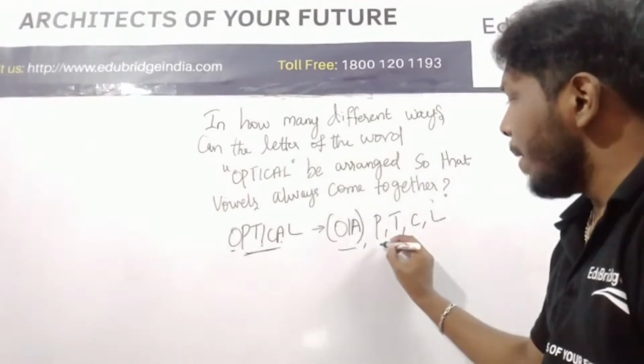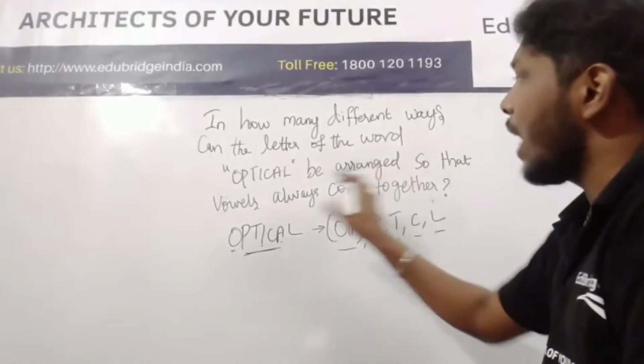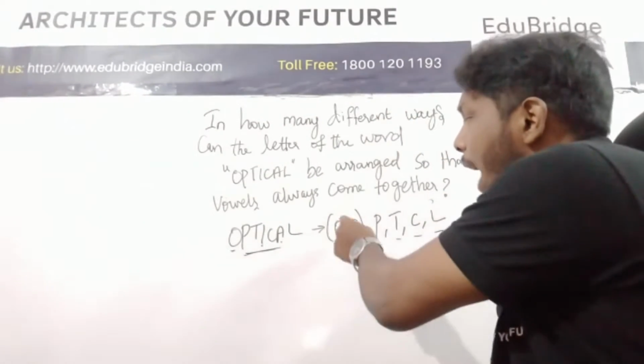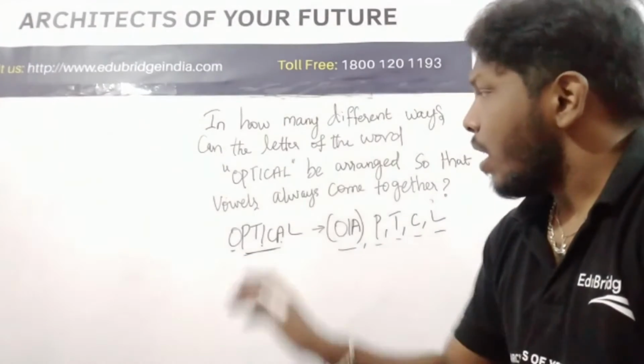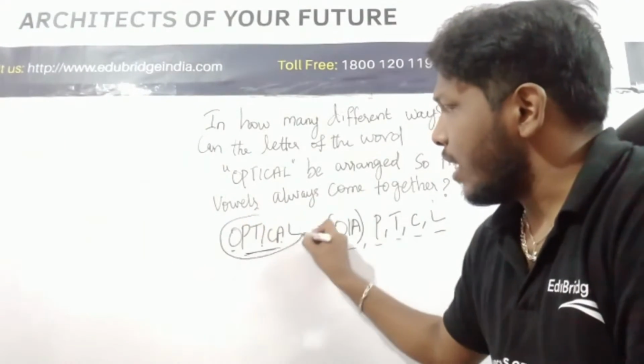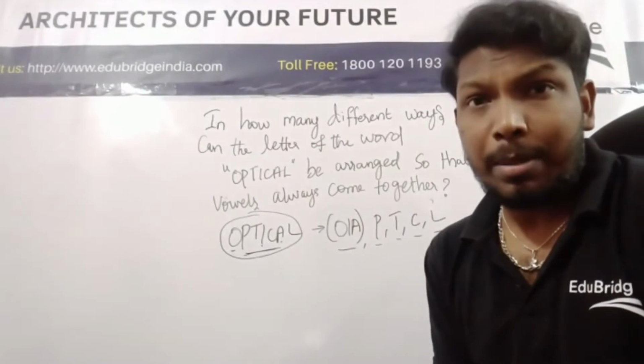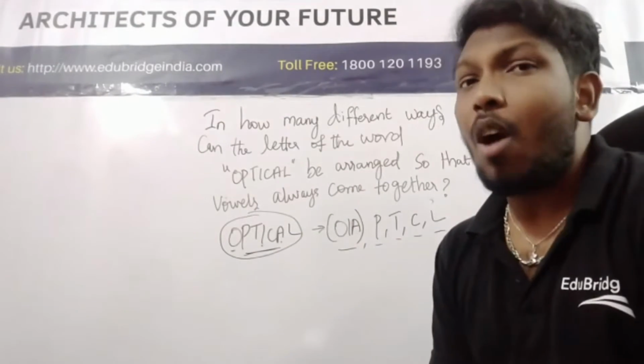Here, how many ways can I arrange so that the vowels always come together? Before we solve that, we have to know how many total arrangements are possible from the word optical.